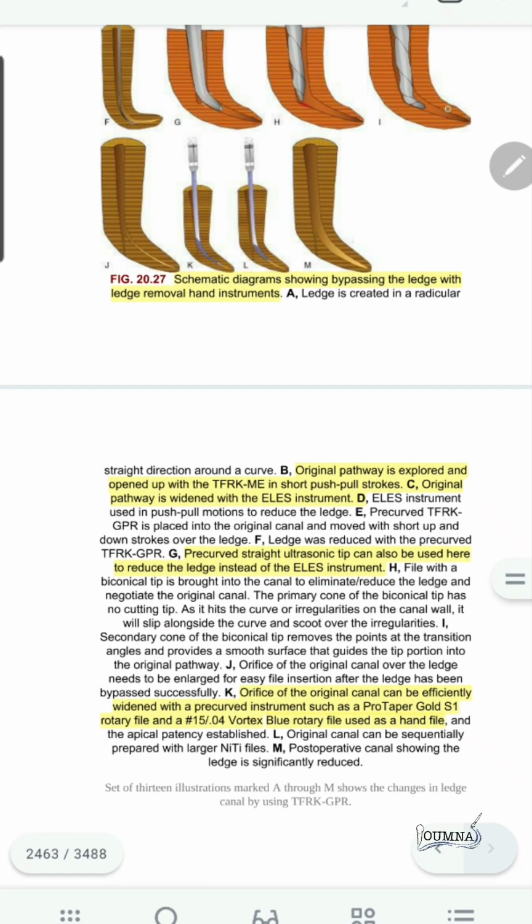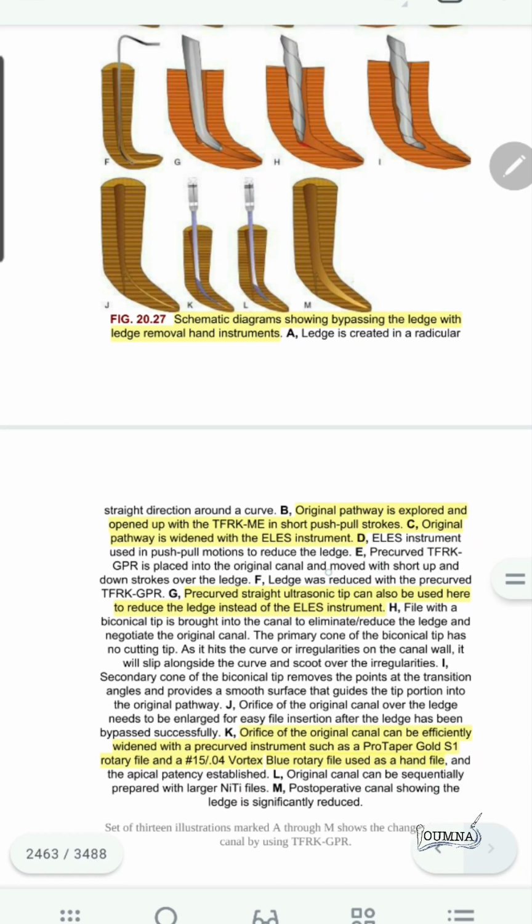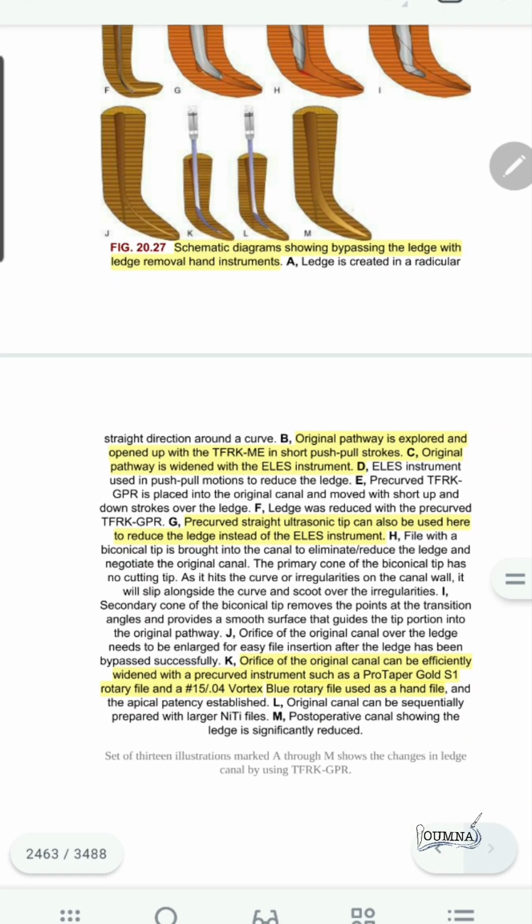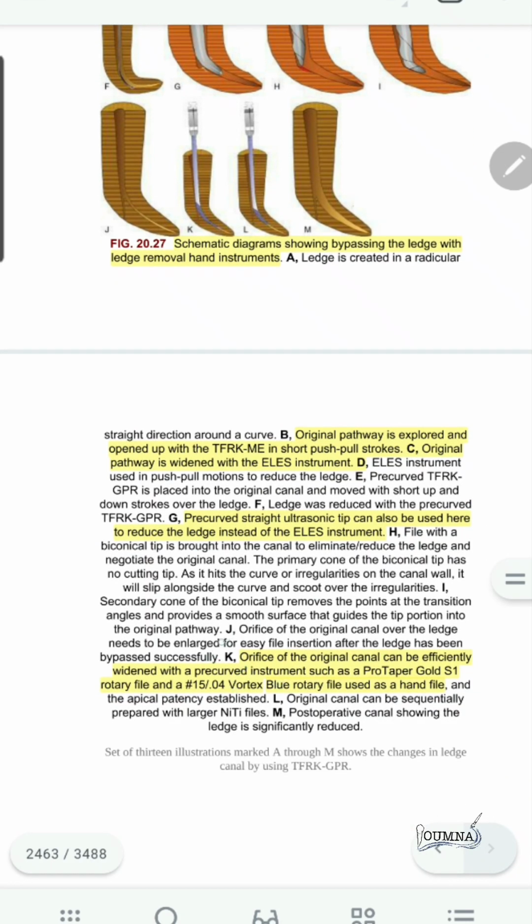It is taper 4 size 15. And we do it to widen the original canal after we do a pre-curve to the file before we insert it.